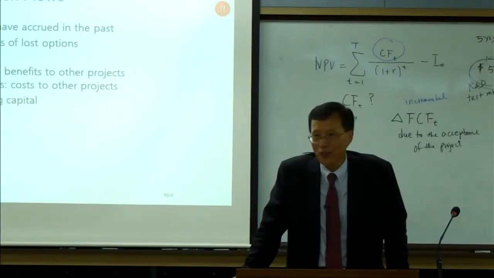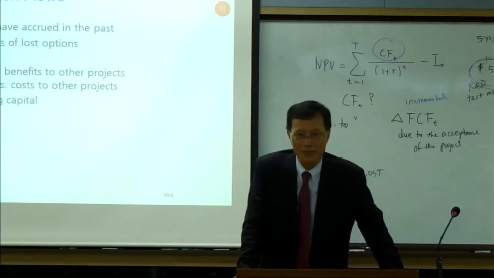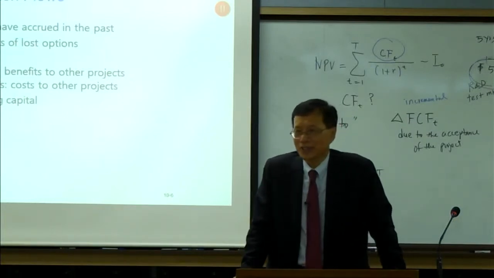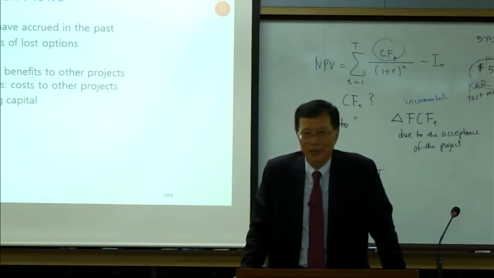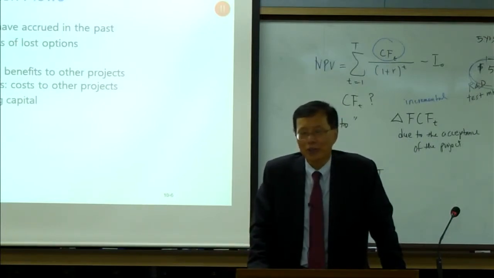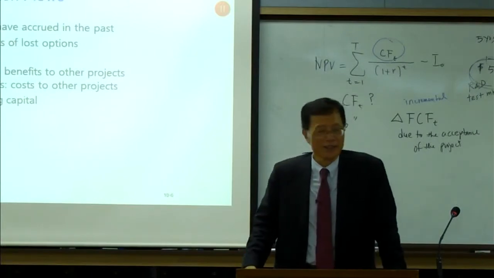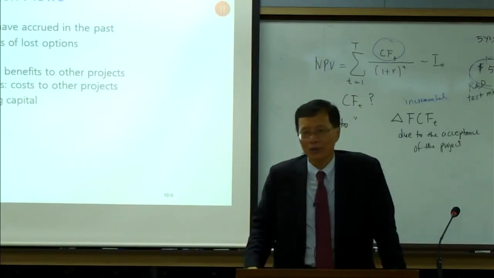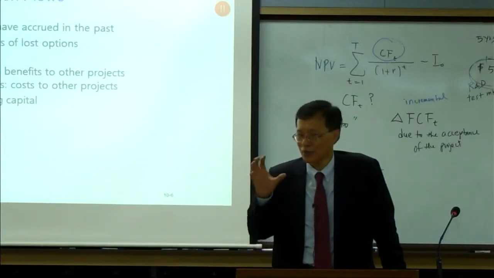So forget sunk cost. After this incident, the U.S. Congress passed a law called the Foreign Corrupt Practices Act, or something like that. If you are caught giving bribes to foreign national leaders, you will be penalized very strictly.